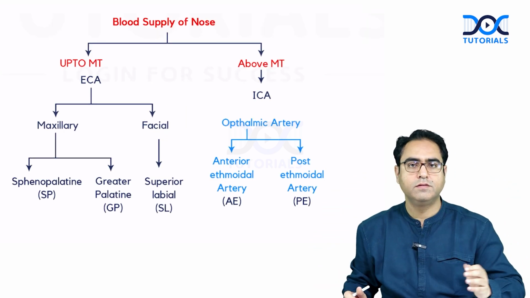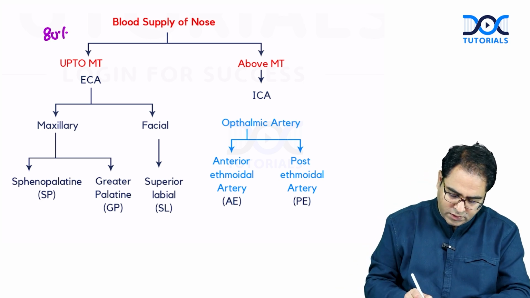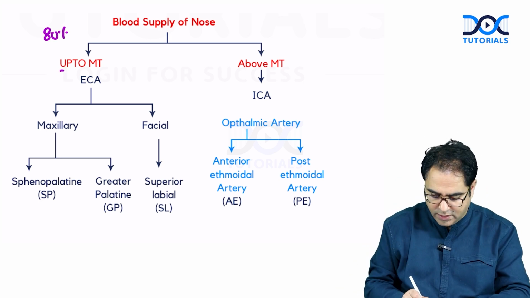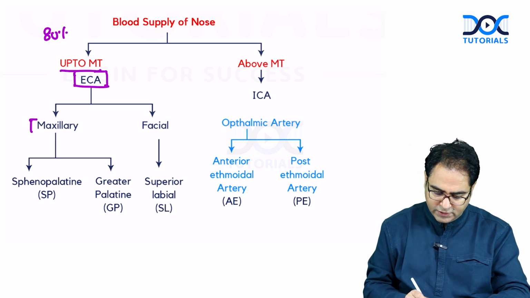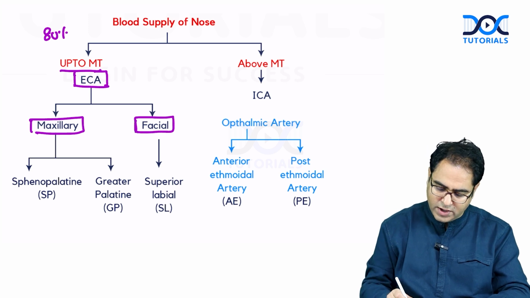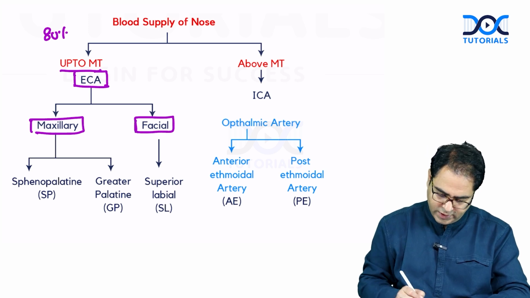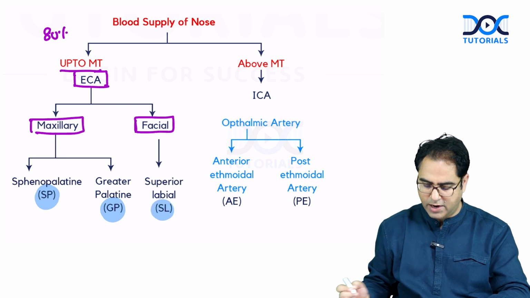Look at this table. So, 80% blood supply up to middle turbinate comes via ECA. And from ECA, 2 branches, maxillary and facial. And from maxillary come 2 branches. Number 1 is sphenopalatine, number 2 greater palatine, and from facial, superior labial artery.